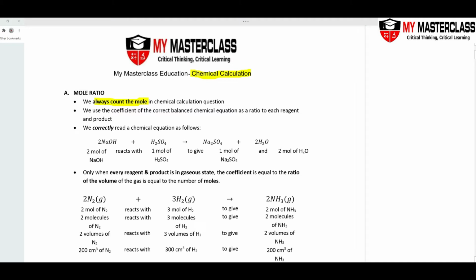Okay, we count the mole and then we use the coefficient to represent the ratio of the reagent or the product. So when we write a balanced equation, sulfuric acid plus sodium hydroxide, you have to balance up your sodium by putting a 2 in front.